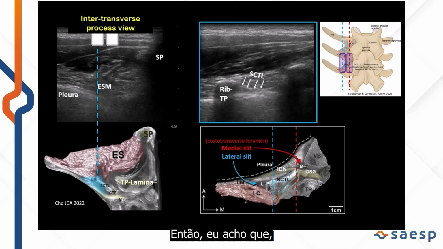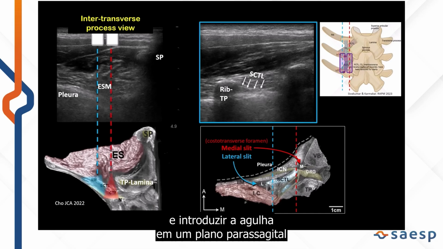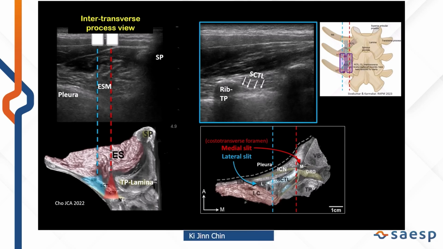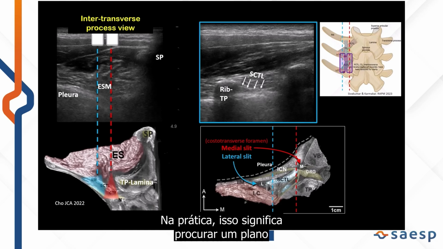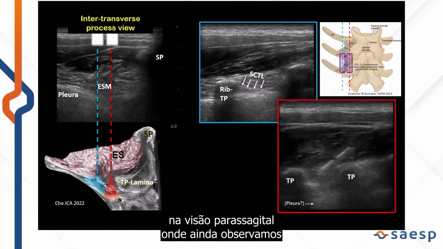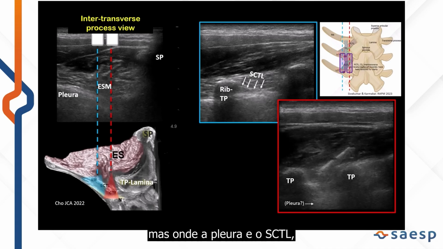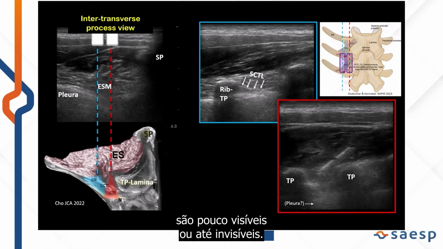So I think particularly if you're aiming for visceral analgesia, it does make more sense to image and advance the needle in the parasagittal plane that is closer to the base of the transverse process rather than its tip, what some might also call a paralaminar plane. And in practice, this means looking for a plane in the parasagittal view where you still see the squared off shadow of the transverse process, but where the pleura and the SCTL, or superior costotransverse ligament, are barely visible, if at all.